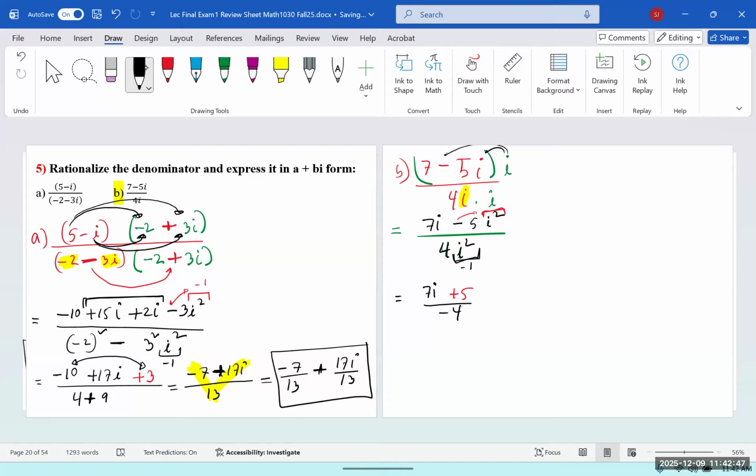But when you write complex numbers, you have to write the real number first and then the imaginary number. And then you have to separate the denominator. In other words, we get 5/negative 4 minus 7i/4, which is much less clean than when you rationalize two terms in the denominator.